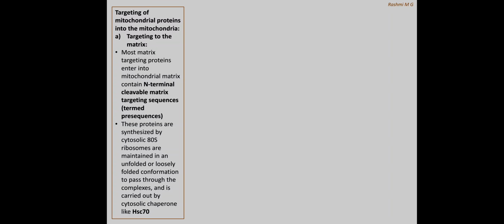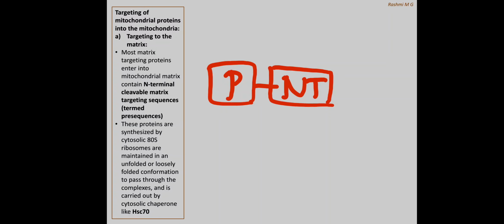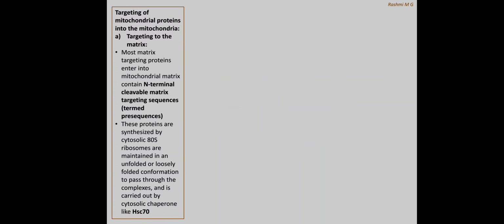These proteins are synthesized by cytosolic ribosomes and are maintained in an unfolded or loosely folded conformation to pass through the complexes, which is carried out by the cytosolic chaperone, that is HSC70. Let us now learn how this is done.